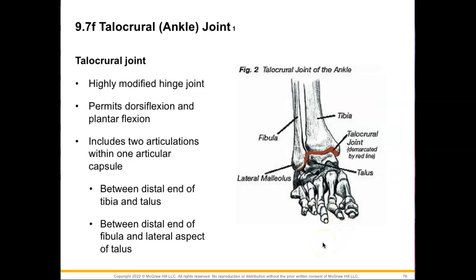And we have two articulations within one articular capsule. So it's going to be between the distal end of the tibia and the talus and the distal end of the fibula and the lateral aspect of the talus here.